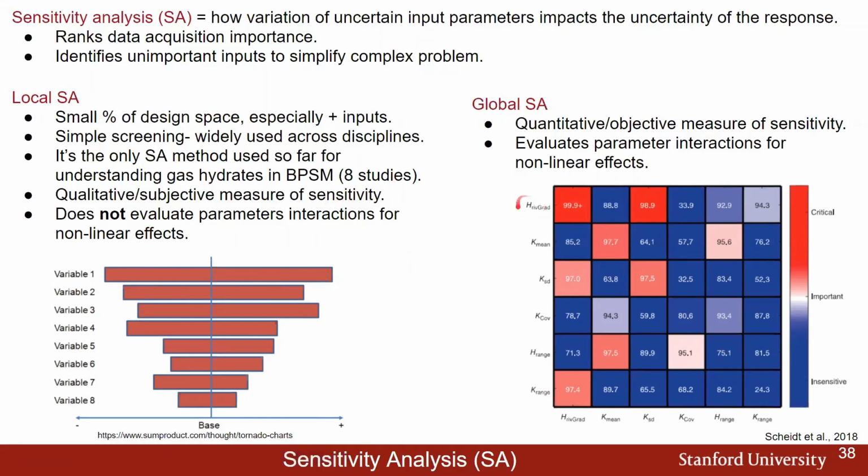So this input here is considered the most sensitive or critical. And then here, these are insensitive and not really important for the function of the system. Outside of the diagonal, you have interaction effects. So how the different variables or inputs interact with each other, whether they're sensitive or insensitive.